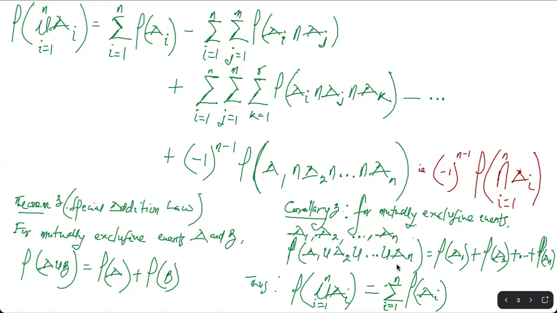We're saying that for mutually exclusive events, axiom 3, which is the special addition law, can be extended to the n case. So the probability of the union of n events or sets is the same as the sum of the probabilities of those n events or sets.